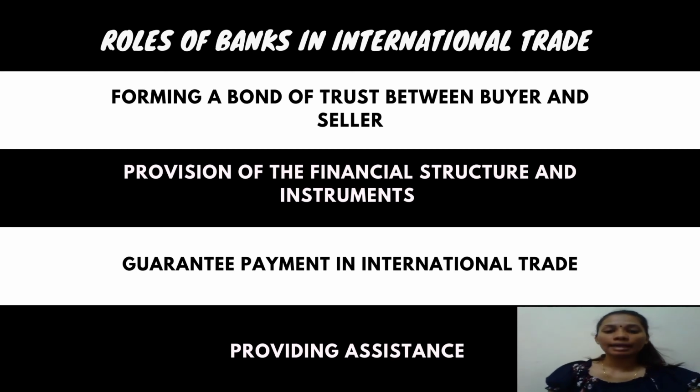Finally, banks play a major role by providing assistance in many ways to facilitate international trade business, which encompasses financing working capital requirements, financing capital goods, identification of potential markets for international trade, identification of buyers and sellers, facilitating payment for international trade transactions, issuing import letters of credit, pre and post shipment financing, and guaranteeing payment under letters of credit issued by other banks.